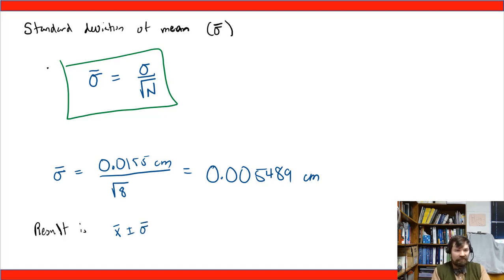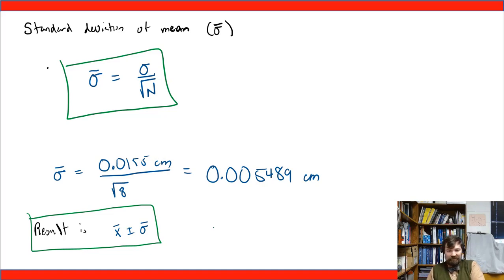So this is what's usually meant in this context. Technically, our result is value plus or minus uncertainty in value, but we're using our standard deviation of the mean as a stand-in here for our uncertainty.